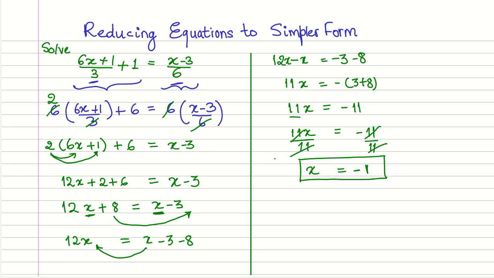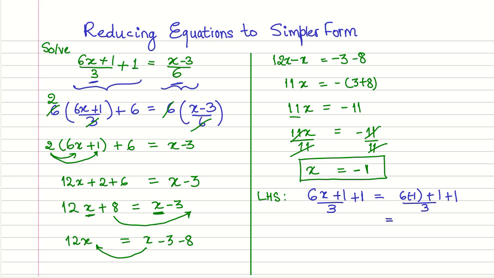Now how do we check that this value is correct? All we have to do is to substitute the value x = -1 into both the sides and see if they are equal. So let us look at the left hand side. The left hand side is (6x + 1)/3 + 1. Let us substitute: (6 times -1 + 1)/3 + 1.